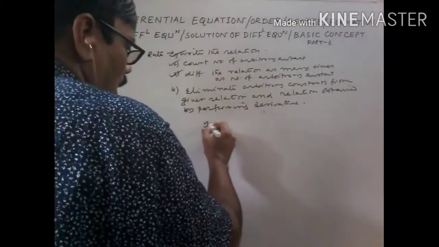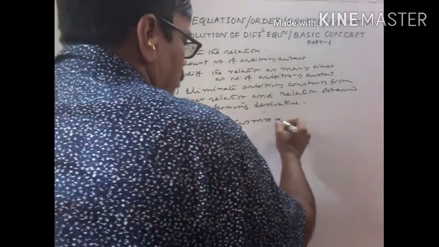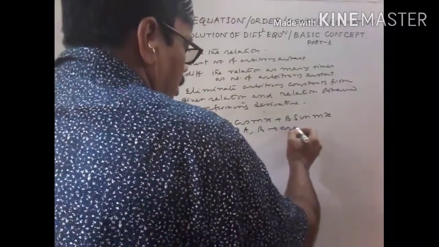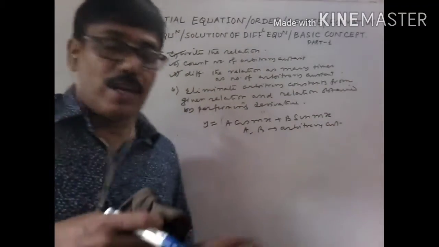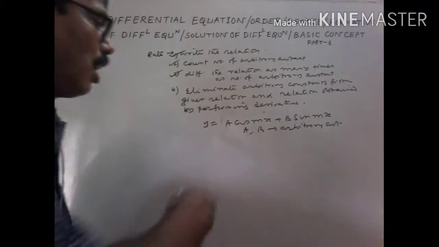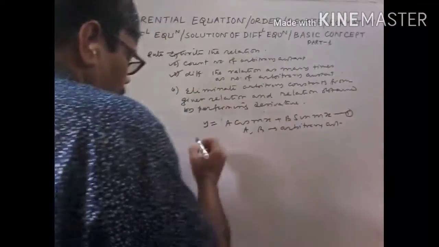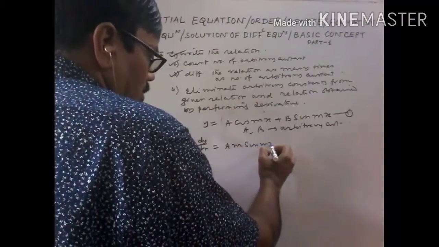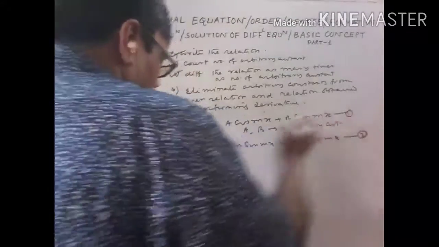Now look at this one, y equals a cos mx plus b sin mx. a and b are arbitrary constants. Look, there are 3 constants, but you have to eliminate only a and b, the arbitrary constants. So 2 derivatives are permissible. dy/dx equals minus am sin mx plus bm cos mx.